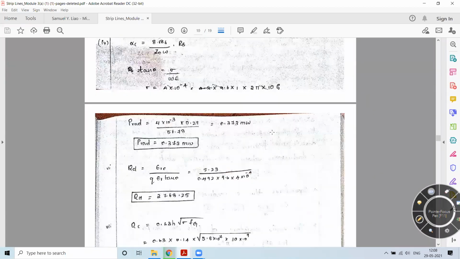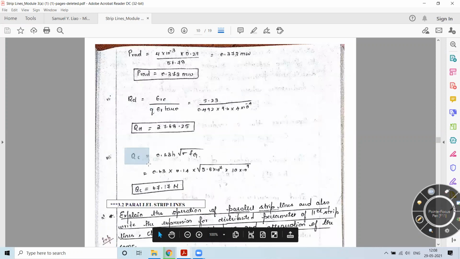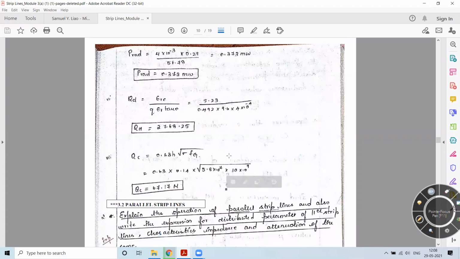If you convert, then you can use it directly, or else you have to estimate these specifications and obtain QD, which is 2768.25. Similarly, for QC, you get around 67.17. You'll be getting it in these terms.